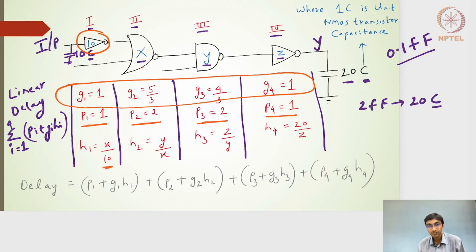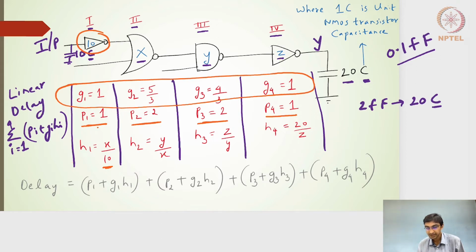Similarly, the H value for the second stage is the input capacitance of the third stage divided by that of the second stage, YC divided by XC, so Y by X. For the third stage, it is ZC divided by YC, so Z by Y. And for the last stage, the fourth stage, it will be 20 by Z.